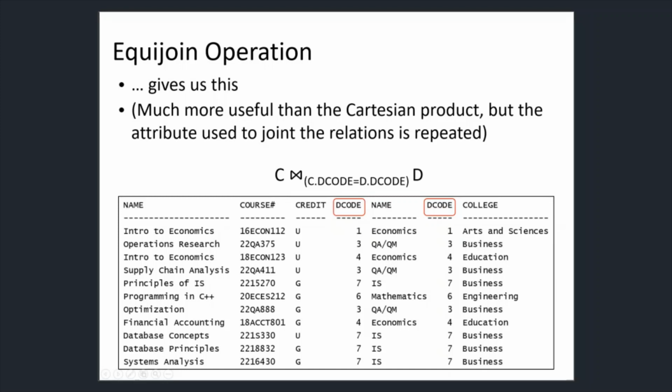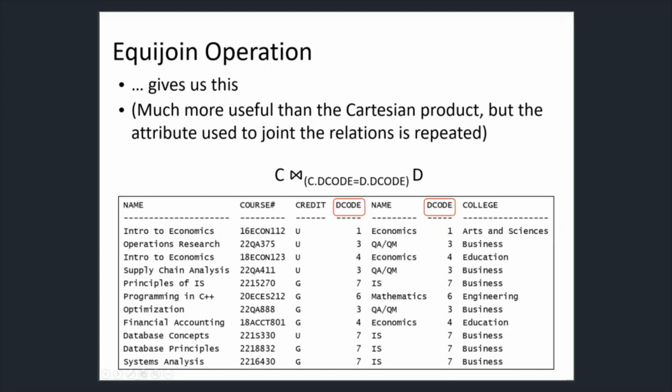And it's more useful than the Cartesian product because it doesn't include every potential combination of rows. It only includes those that meet our join condition, namely that the D codes are equal.